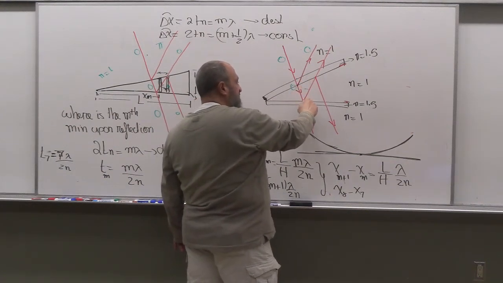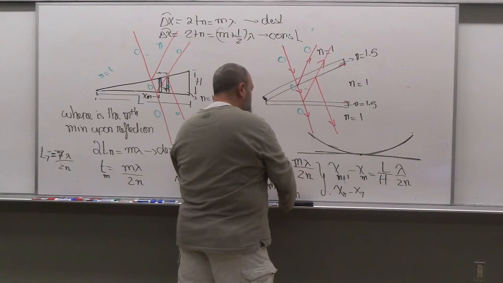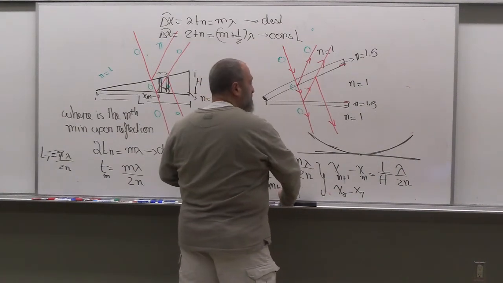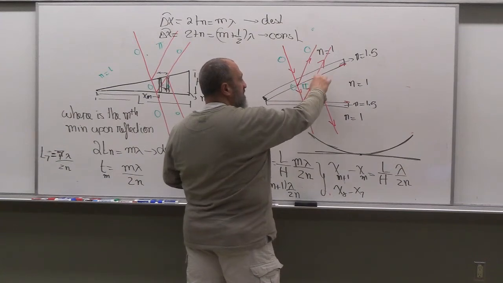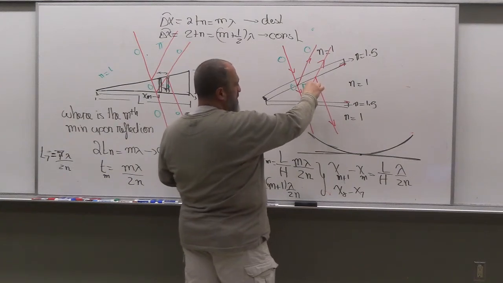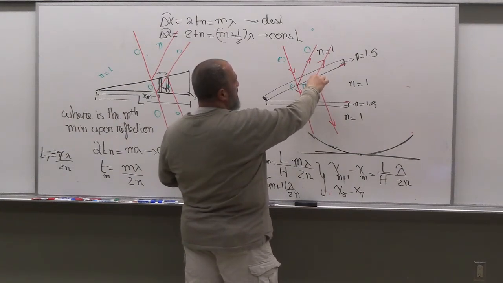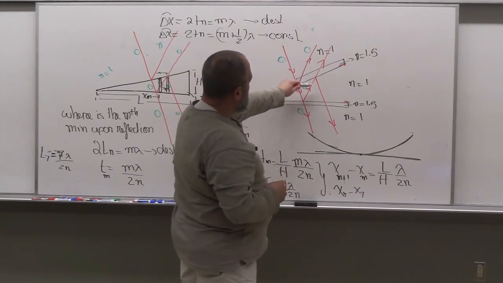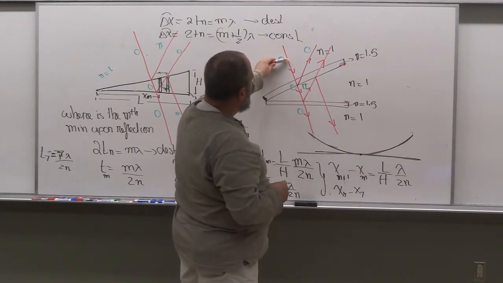Going from 1 to 1.5, this reflects right here, and we have a phase slip of pi, and that phase slip of pi is maintained here. So we have 0, pi, 0, pi.